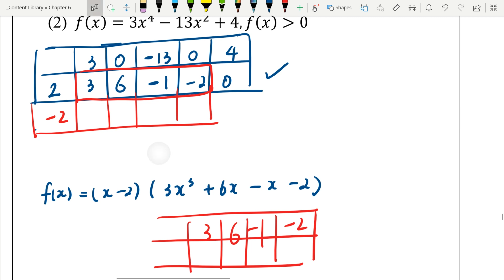Okay, so we have 3 here. Then negative 2 times 3 is negative 6, plus the 6 we get 0. 0 times negative 2 is 0. 0 plus negative 1 is negative 1. Negative 1 times negative 2 is 2. 2 plus negative 2 is 0. So this one works.